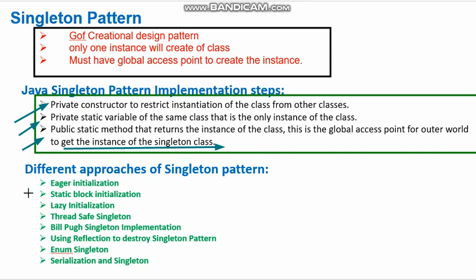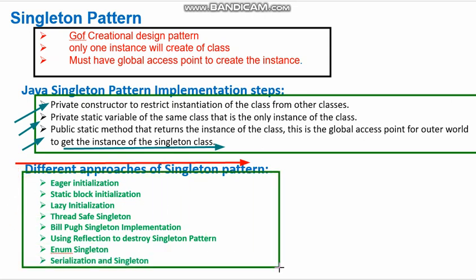And there are different approaches to create the singleton design pattern. We can see here the different approaches with which we can implement singleton. First, eager initialization. Second, static block initialization.